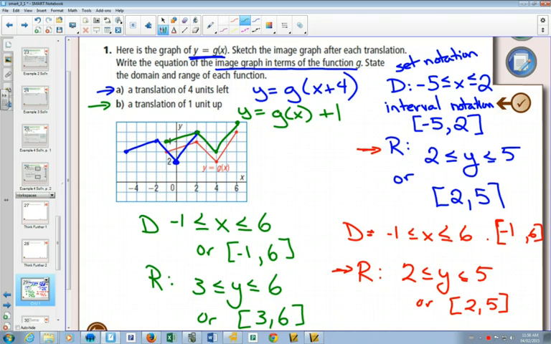In this one, it says state the domain and range for each function. So if you interpreted that as the domain and range of A and B, that would be fine. I did the original one just to show that pattern, but it'll usually be quite explicit on a test or quiz what would be expected.